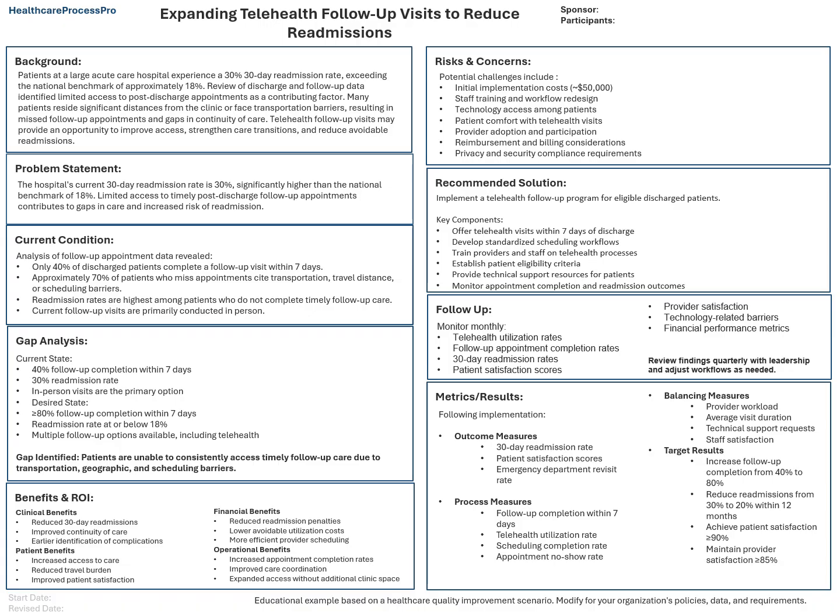Numbers are incredibly important, but don't forget that stories, observations, and stakeholder feedback can also provide valuable insight into whether your improvement is making a difference. This section communicates how you'll demonstrate the impact of your project over both the short term and the long term.